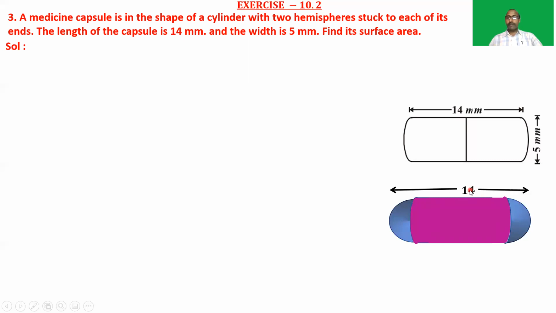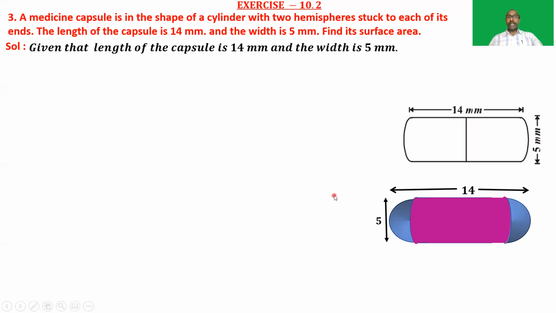So this 14 millimeters includes the length of the cylinder as well as the radii of both the hemispheres, and the width of the capsule is 5 millimeters, and this 5 millimeters is the diameter of the hemisphere as well as the diameter of the cylinder.